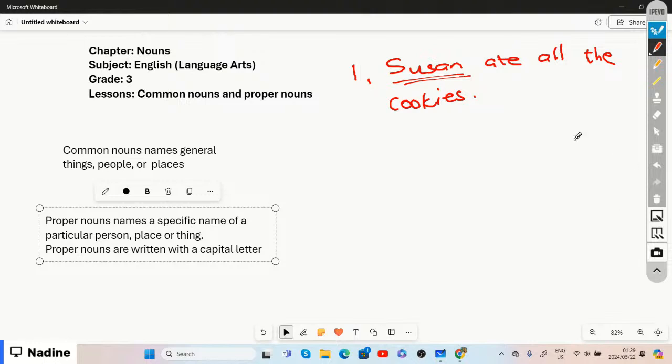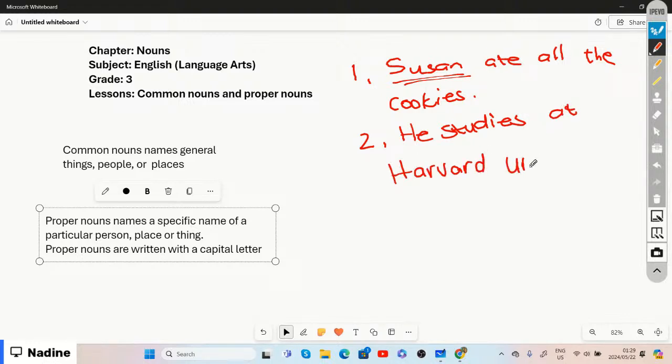All right, we're going to the next one. You're going to say he studies at Harvard University. We need to identify the proper noun within that sentence. What is the noun within that sentence? He studies at Harvard University.